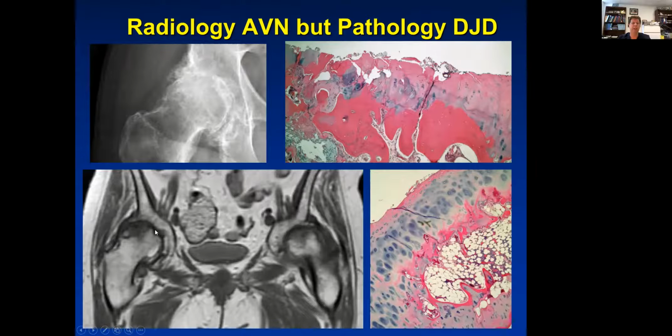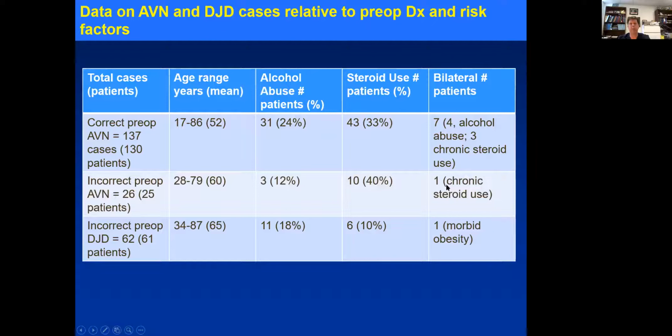But in the MRI, there was some flattening and signal changes of the femoral head that caused the interpretation of AVN. And of course, pathology showed classic DJD with loss of articular cartilage, subchondral bone sclerosis, osteophyte formation, and no evidence of osteonecrosis whatsoever.